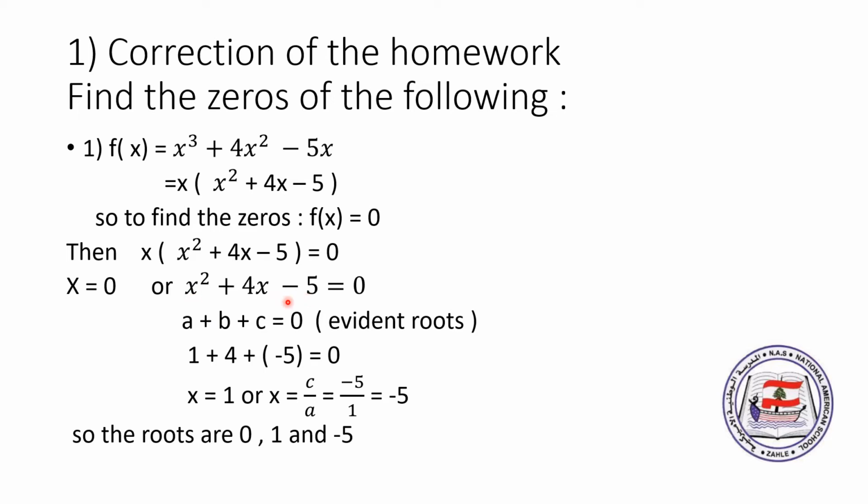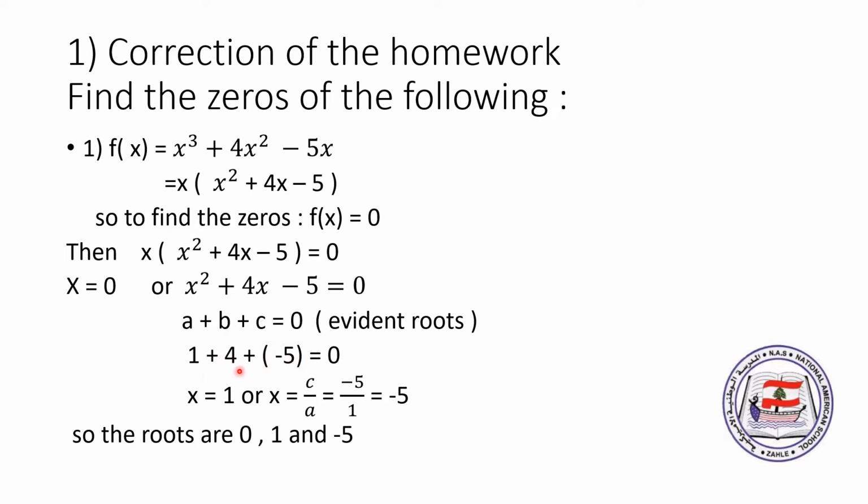We can find its roots by using the calculator, by using the factorization, by using the discriminant delta, or by any of the previous methods taken in chapter 4. So this is an equation where we can find the evident root, since the value of a is 1, the value of b is 4, and the value of c is -5.